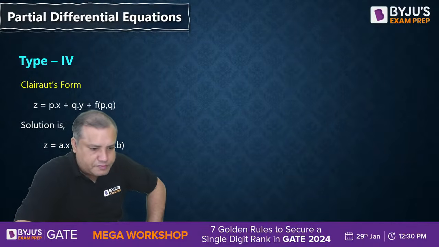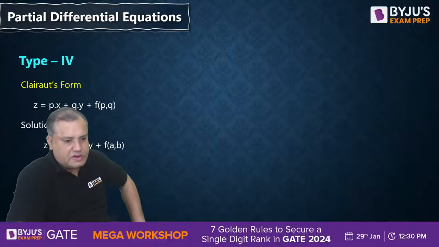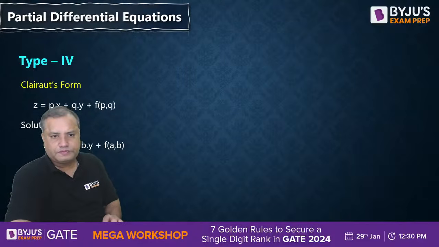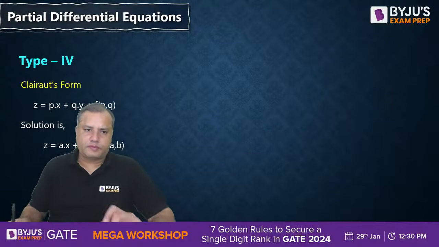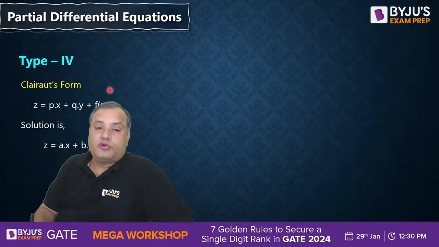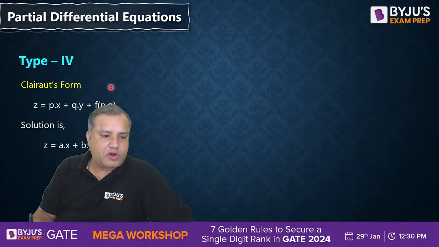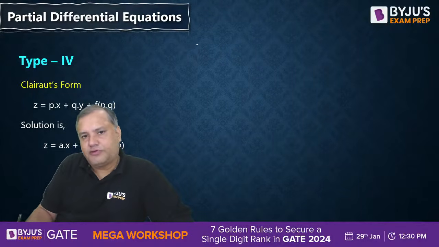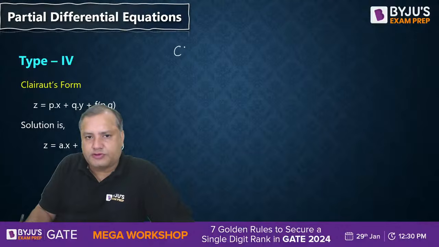Type 4. In type 4, nonlinear. Type 4 is also the part of first order nonlinear P.D.E. Here, the format is named as Clairaut's form.